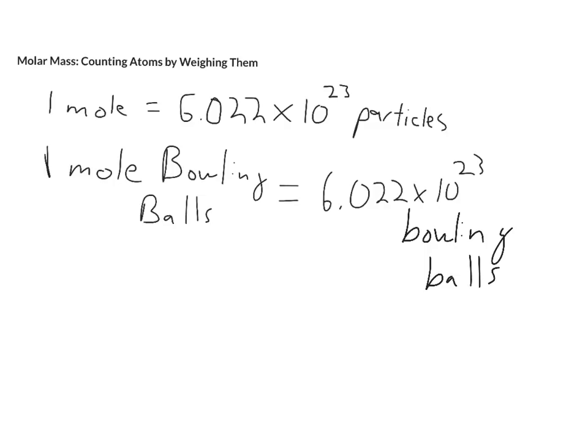So application for this: if you have 1 mole, let's just say aluminum, that means you have Avogadro's number of aluminum atoms.